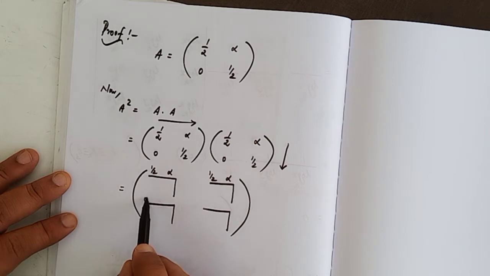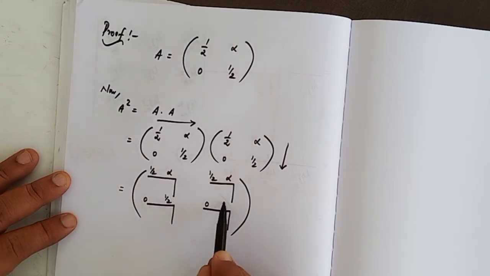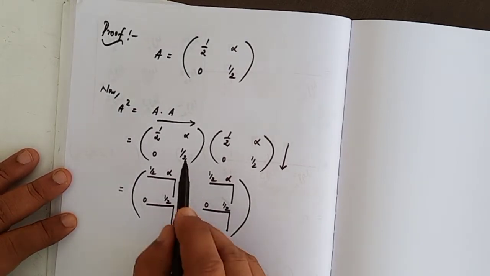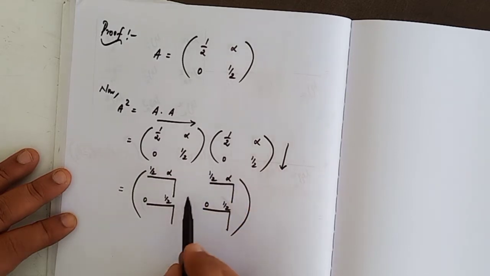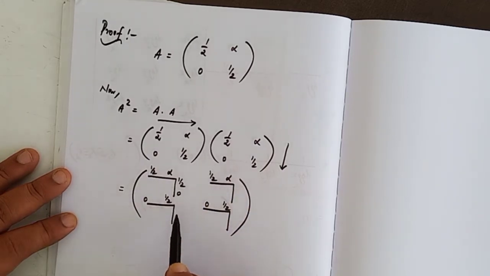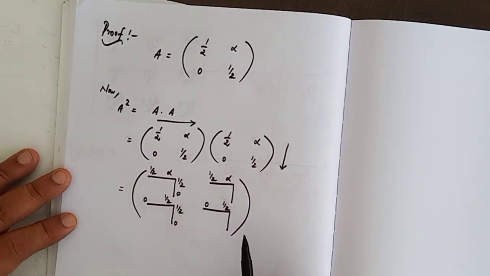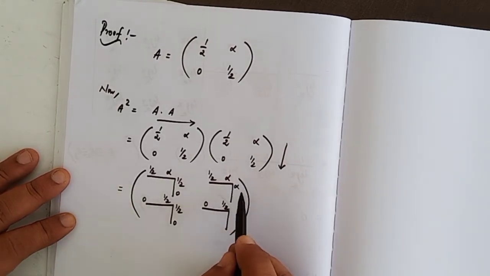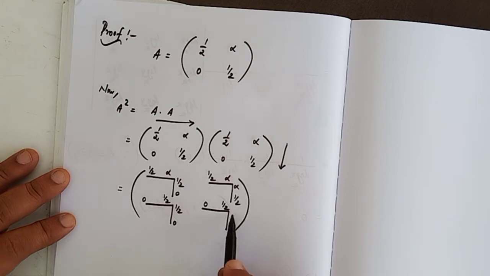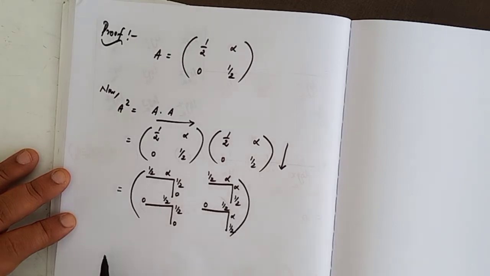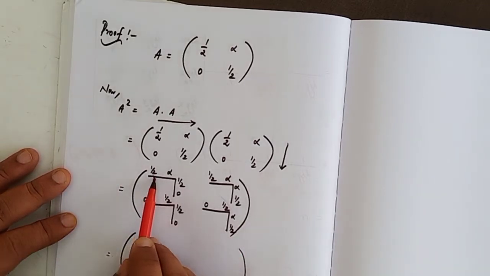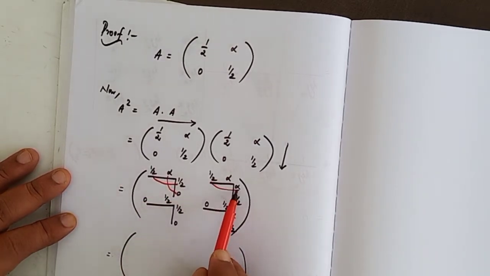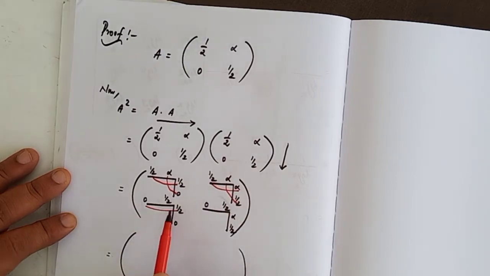Second row is 0 1/2, 0 1/2. First column of the second matrix is 1/2 0, here also 1/2 0. Second column is alpha 1/2. How to multiply? First with the first, second with the second.